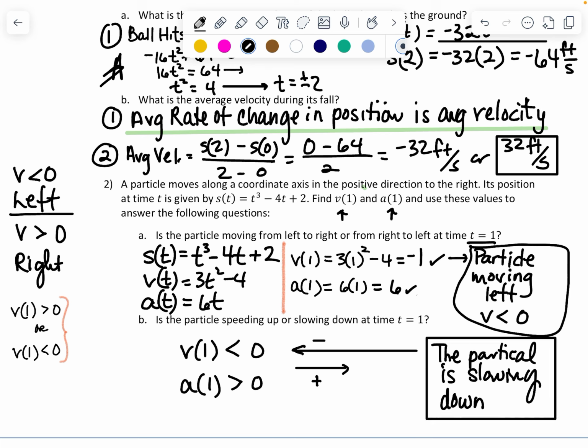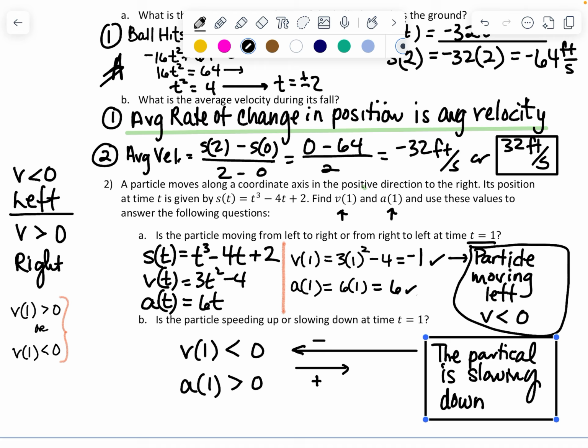And that would be something good to add to this. If acceleration and velocity have opposite signs, then your particle is slowing down. So if the velocity was positive and the acceleration was negative, then the particle would also be slowing down.